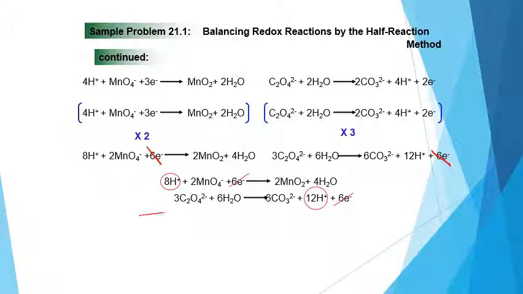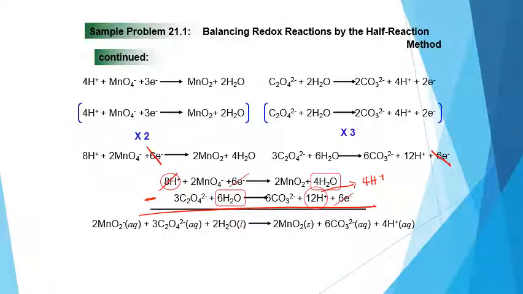Therefore, it cancels out and the remaining will equal 4H plus, since 12 minus 8 is 4H plus. So the total reaction here should be 2MnO4 minus, plus 3 C2O4 2 minus, and then 2H2O going to 2MnO2, going to 6CO3 2 minus, and going to 4H plus.